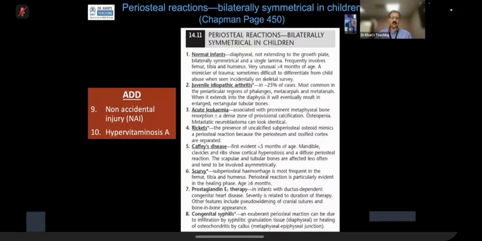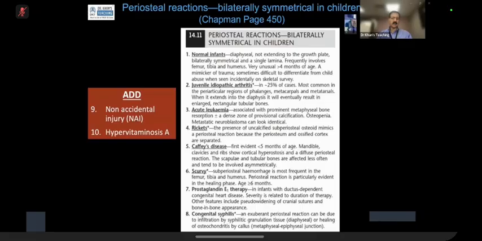Now, this differential diagnosis is periosteal reaction, bilaterally symmetrical, in children. Do not confuse it with bilateral symmetrical periosteal reaction in adults, which the candidate did, because pachydermoperiostosis, etc., is another age group.